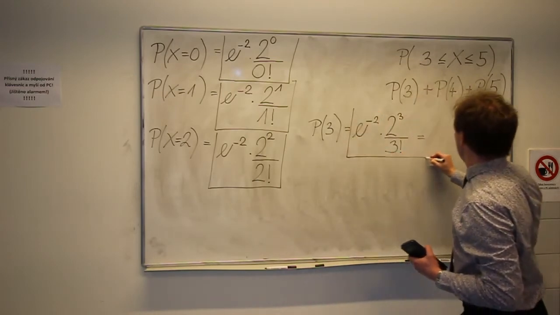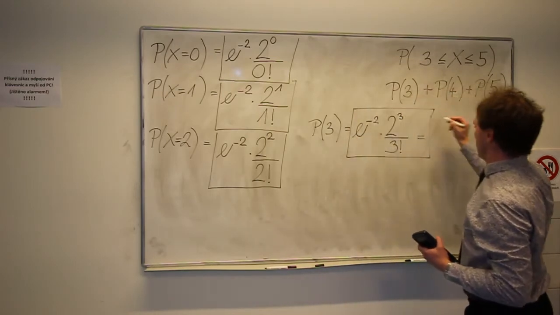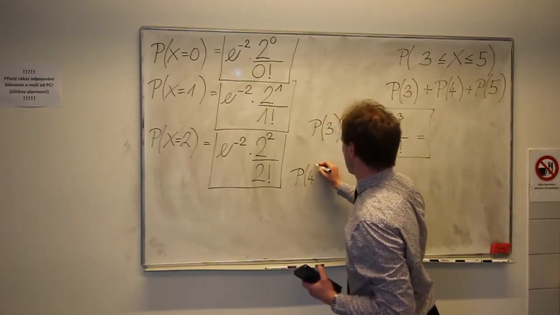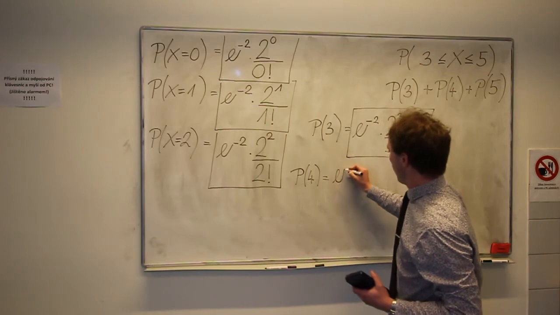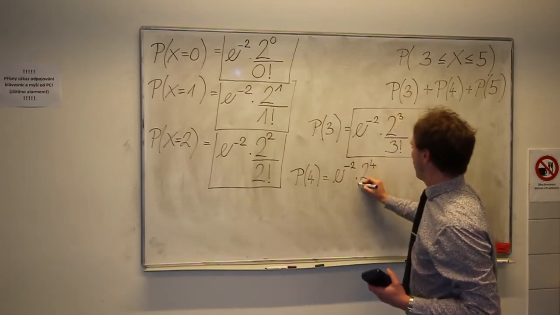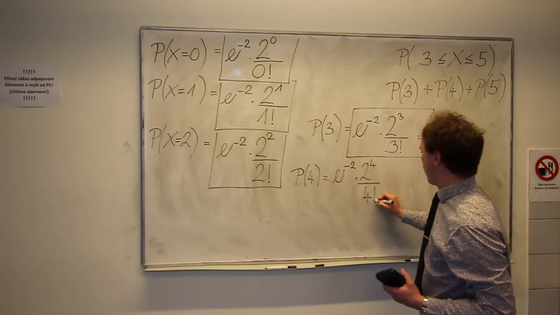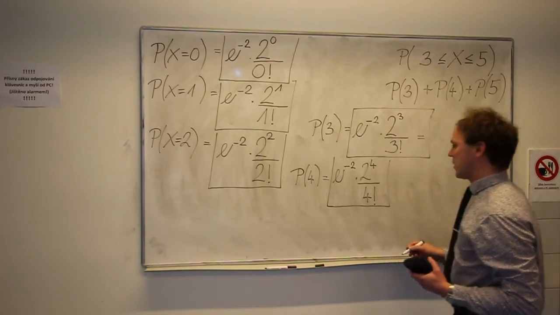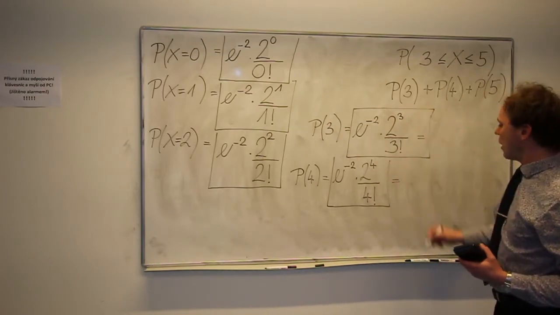Yes, this will be the first important part, and we can continue probability that random variable x will be equal to 4 Euler powered by minus lambda times lambda powered by 4 divided by 4 factorial. This will be the second result, yes.